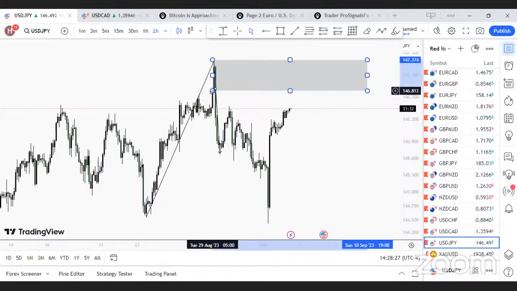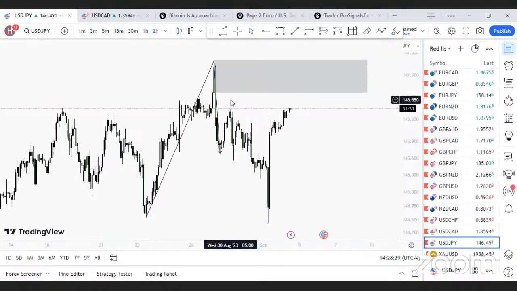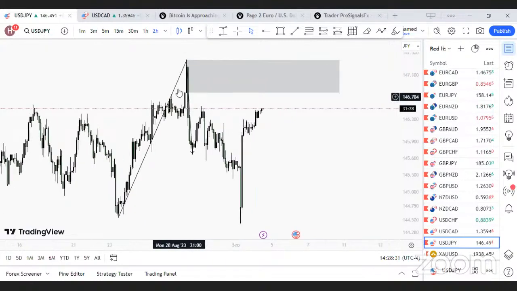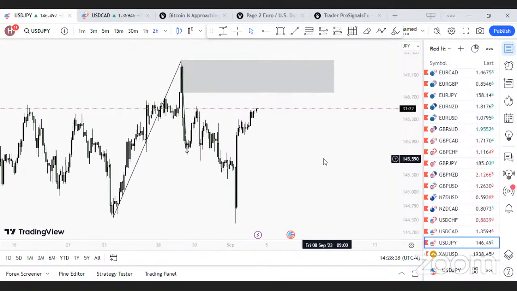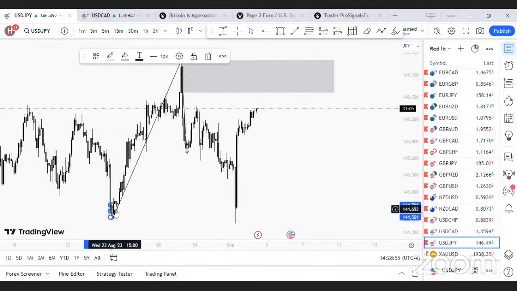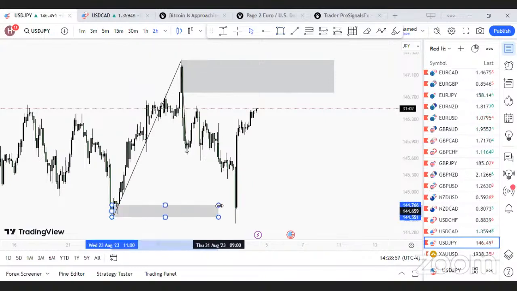Why am I drawing this out? Because something happened there. When the market got to that area, it started making a move to the downside. And then this is where our market started making a move to the upside, right? There's a reason why this market started moving up from this area, so I want to draw out the zone also.